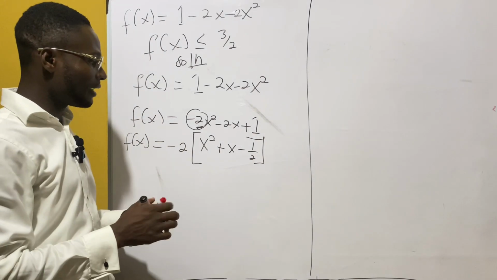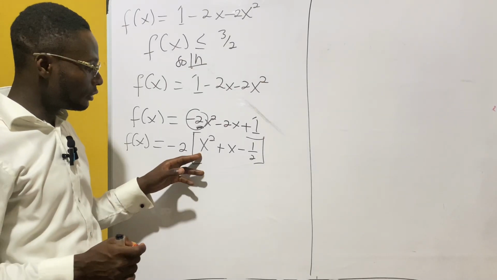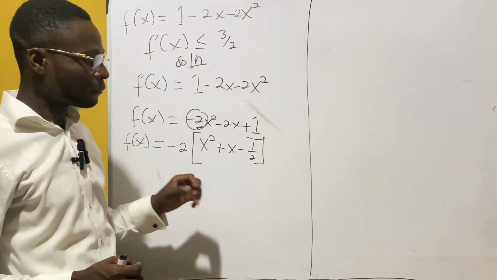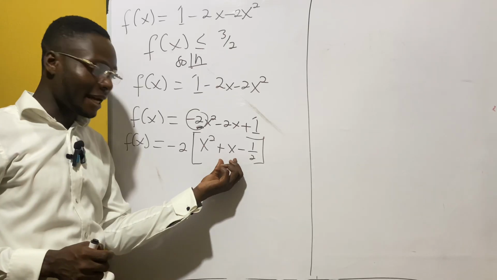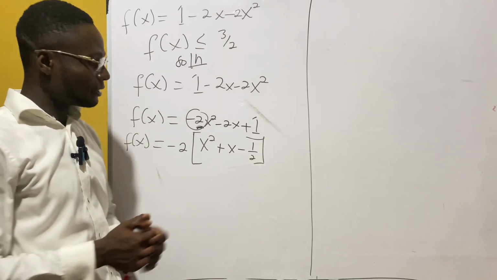We factored minus 2 out, so you're going to have this right here. Now we can apply the completing the square method at this point.